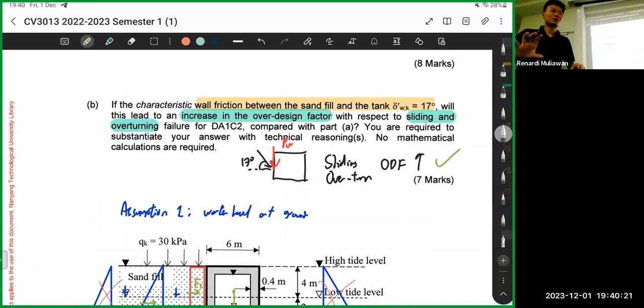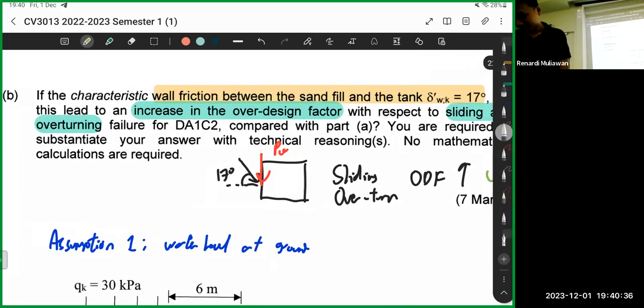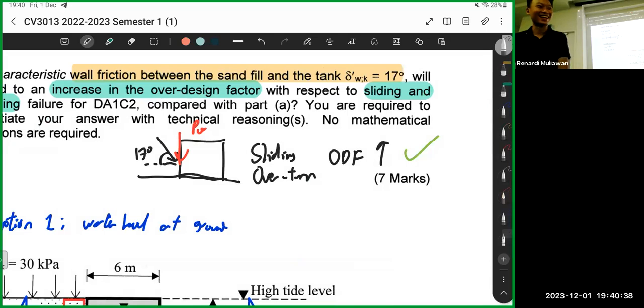Okay. Actually, wait, it's clear. No, no, I said the bottom is clear. So the vertical force, does it help? Never mind. Sliding in the clay.